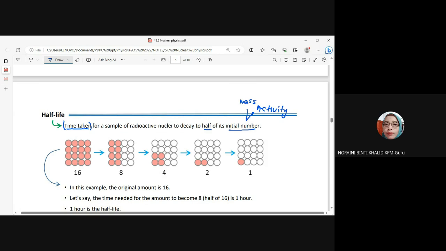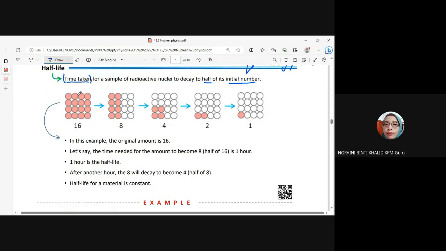The process of decay may keep going on, so you cannot say the mass is fixed at 1 gram at one time. Sometimes we use activity per second, maksudnya activity per unit time. We can just record this. Sebab tu dia guna dua. Sama ada guna mass ataupun activity per second, activity per hour. Okay, something like that. Okay, let's look at here.